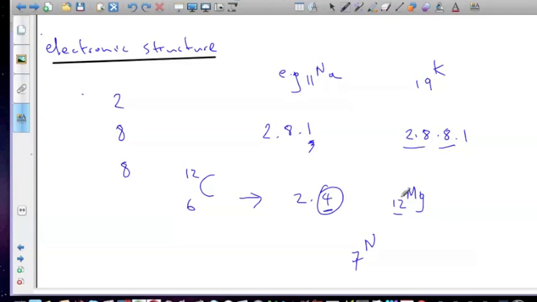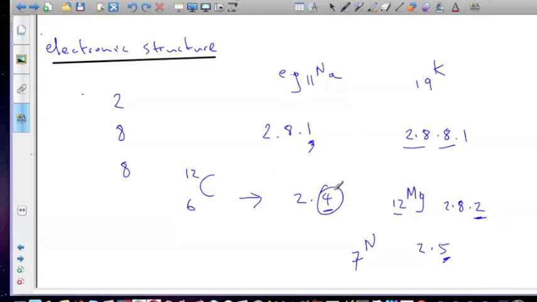So magnesium is atomic number 12, so it's got 12 electrons, 2 in the first, 8 in the second, 2 left over, it's in group 2. Nitrogen is atomic number 7, so 7 electrons, 2 in the first, 5 left over. Isn't that amazing? Okay, so that's electronic structure.